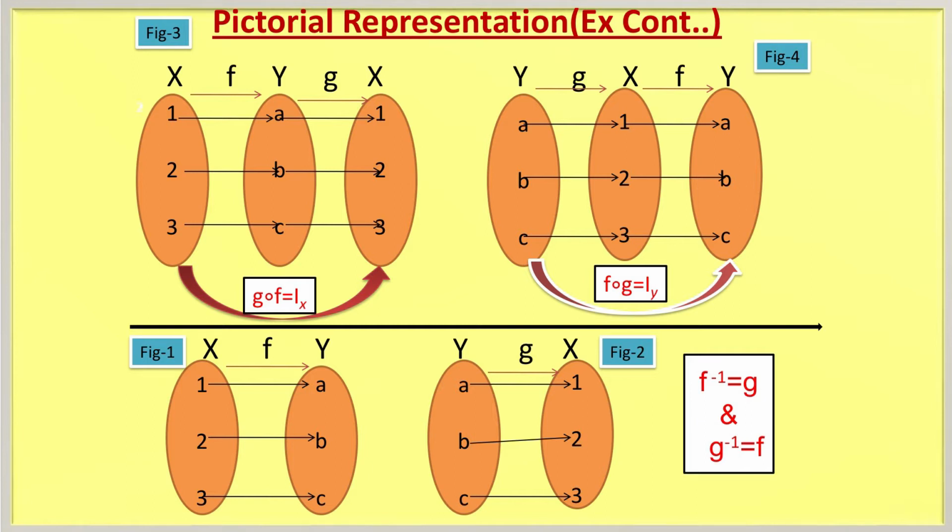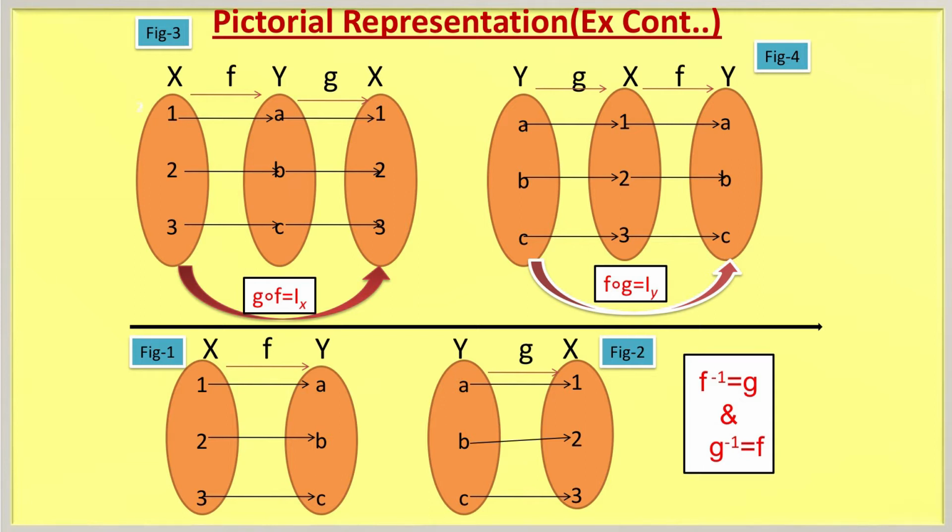Then we have verified that G composition F, from X to X, is an identity function on X, and that is figure 3. In figure 4 you see F composition G is again an identity function from Y to Y, that is from set {A, B, C} to set {A, B, C}.